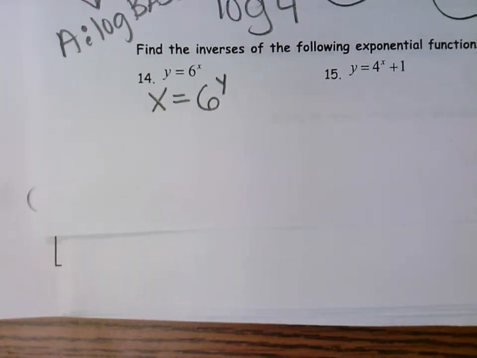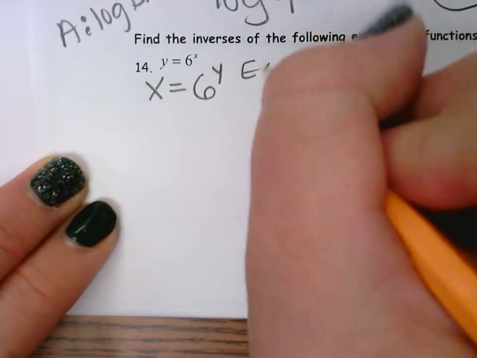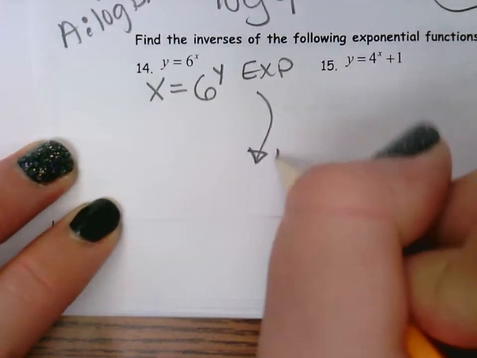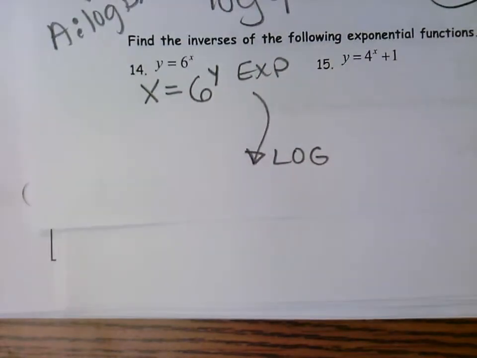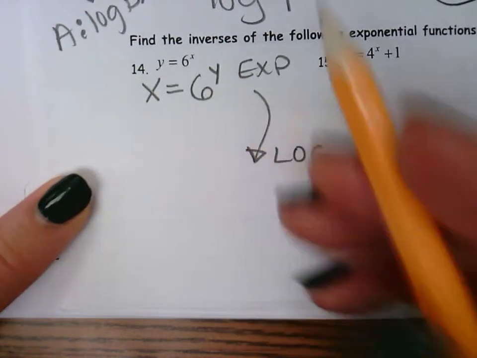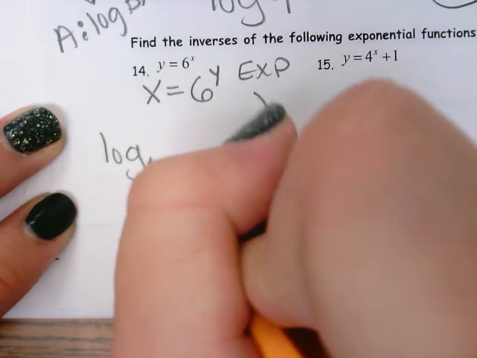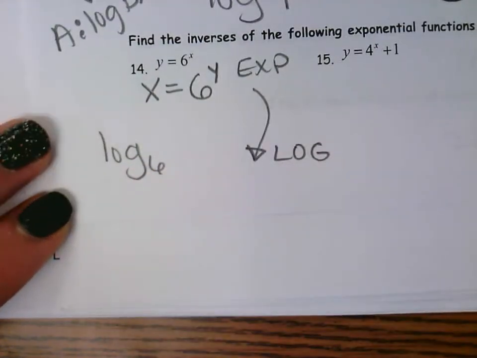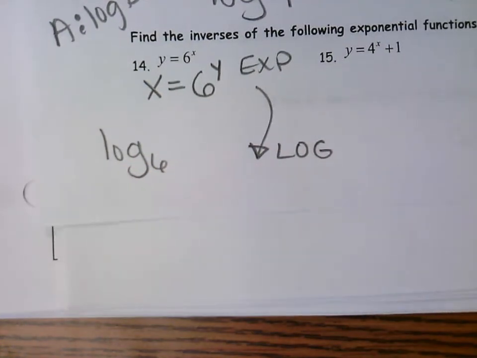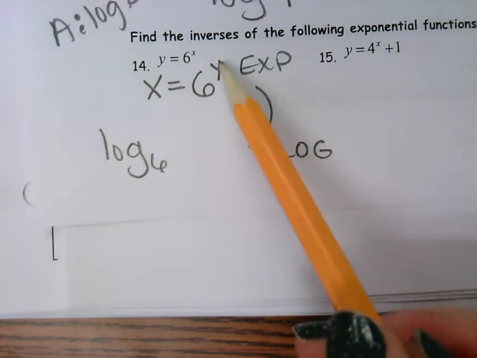If you're finding an inverse and you're in exponential form, all you need to do is change it into log form because exponents and logs are inverses of each other. So here's where you're going to be fluent between the two versions. If the base is 6, the base of the log is also going to be 6. And basically the x and the y are changing roles. So y is in the exponent here.